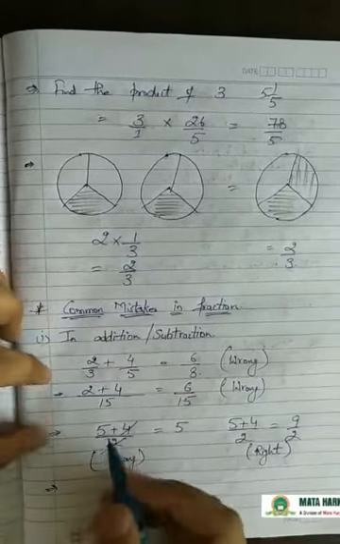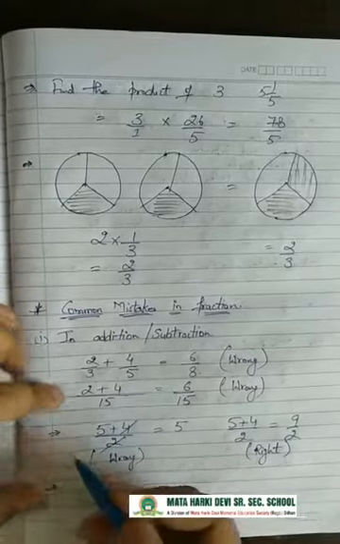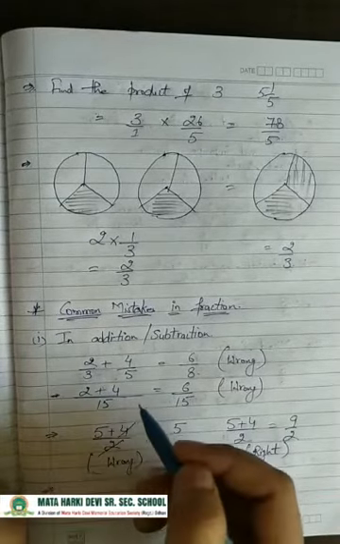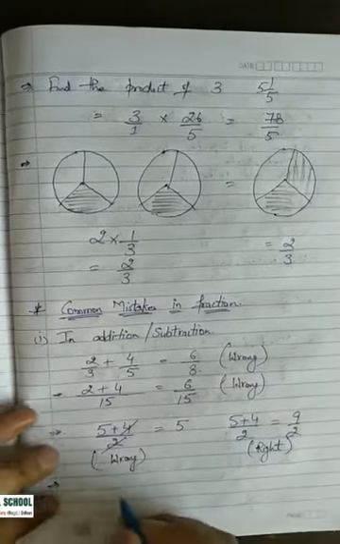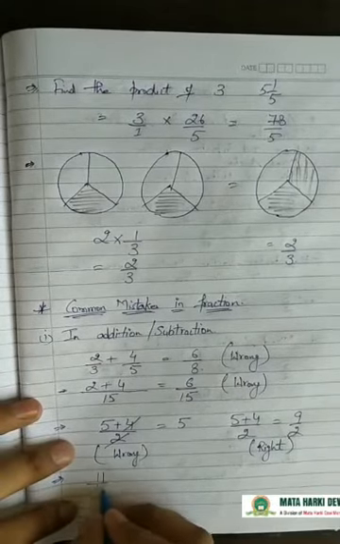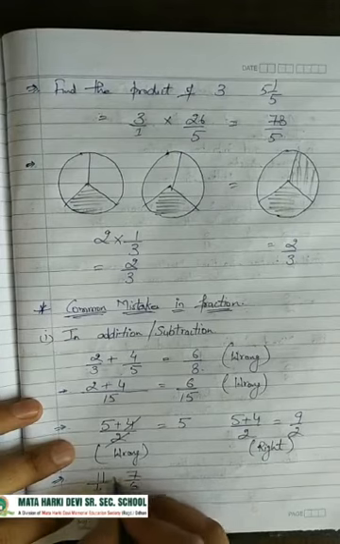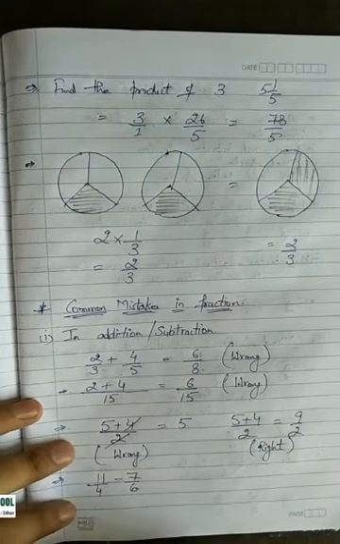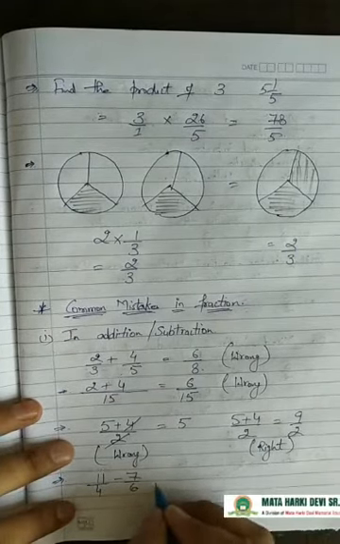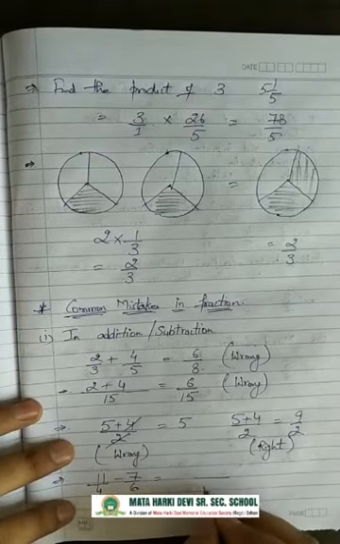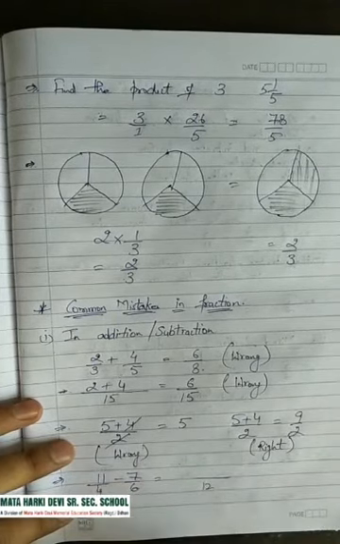One more common mistake that is seen in addition and subtraction is mixing up the LCM and cross multiplication method. For example, if I take example 11 by 4 or 7 by 6 that we did previously, the LCM of these two numbers is 12.